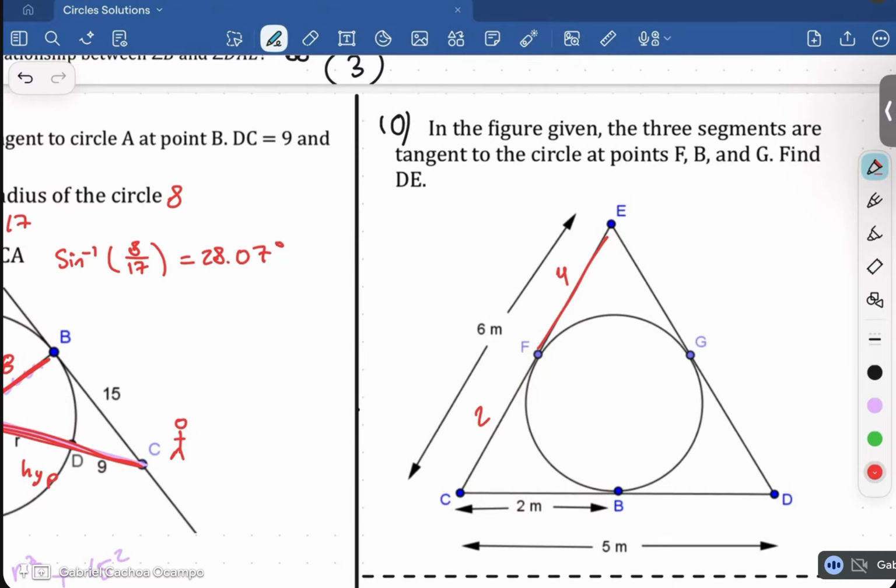If this one measures 4, this one measures 4 as well. If I go in the other direction, if this whole thing measures 5 and this one measures 2, that means that this part measures 3, which means that this part also measures 3. And what did I want to find? The E, so the E measures 7.